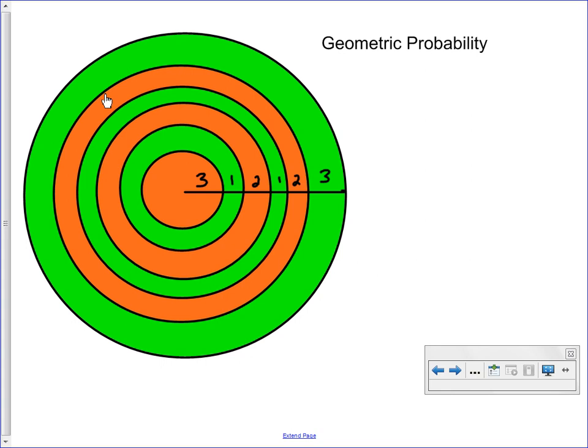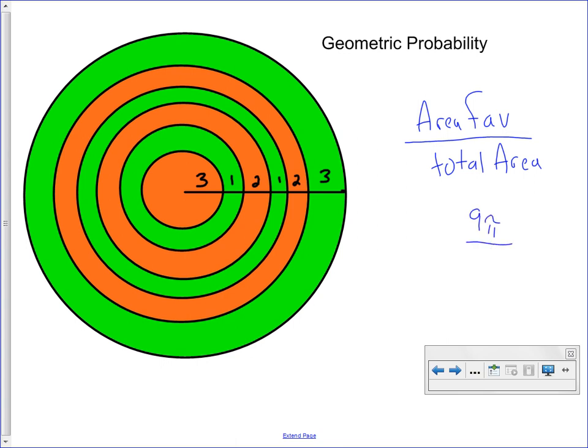You want the area of the favorable over the total area. In this case, I'm looking at the bullseye. What is the shape of a bullseye? Circle. How do you find the area of a circle? Pi r squared, okay? So if I want to get the bullseye here, my radius is 3. So what's my area? 9 pi.